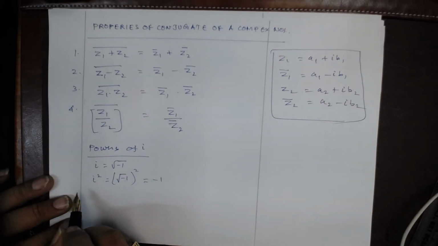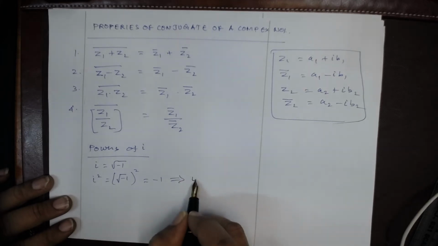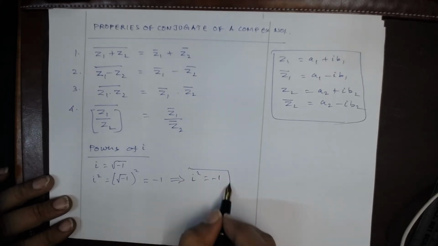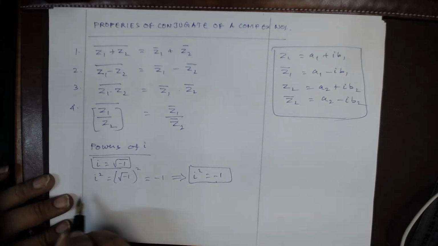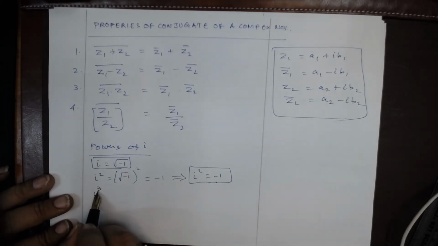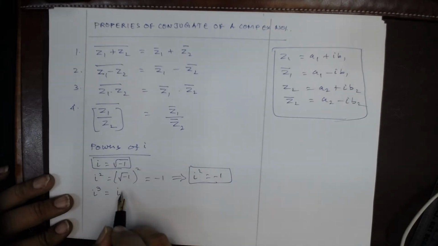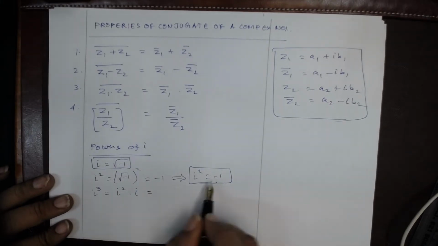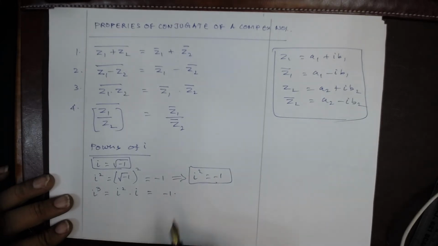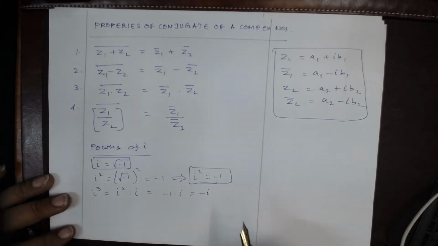Is it not? Similarly, i cube can be i squared into i. So what is i squared? i squared is minus 1 into i. So it is minus i.